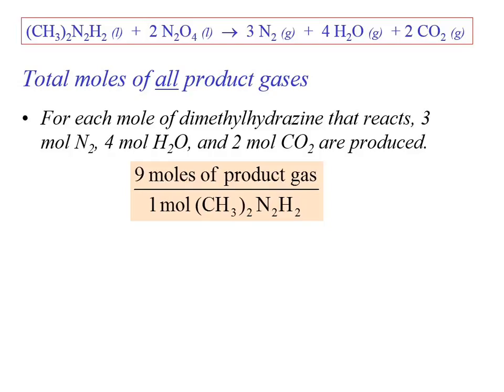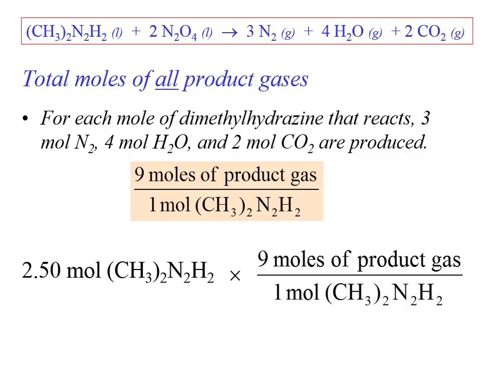produced. And again, this is another place where if you didn't want to apply this kind of shortcut, you wouldn't have to. I think it's kind of a shortcut. Well, if you buy that, then we can put as our first term 2.50 moles of the dimethylhydrazine over 1, and then just insert that ratio, 9 moles of gas produced for every 1 mole of dimethylhydrazine. And bada boom, we quickly have the moles of gas that were produced.